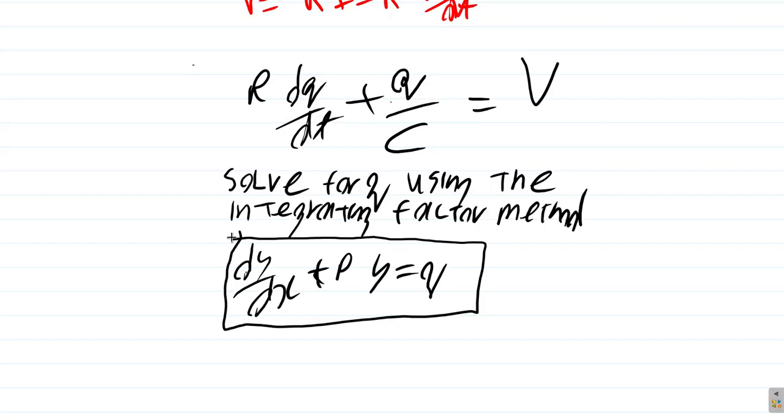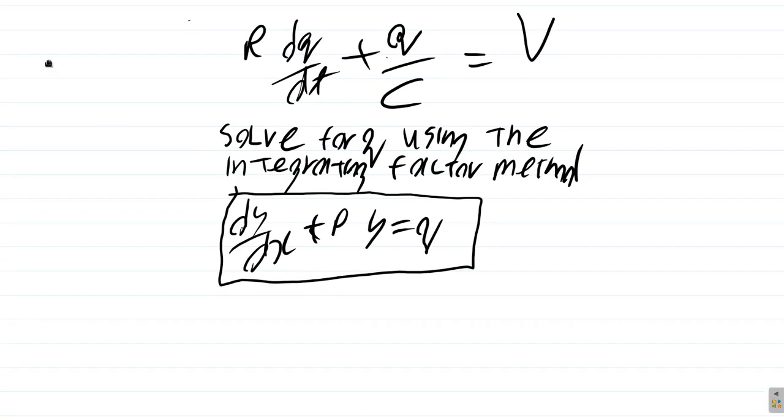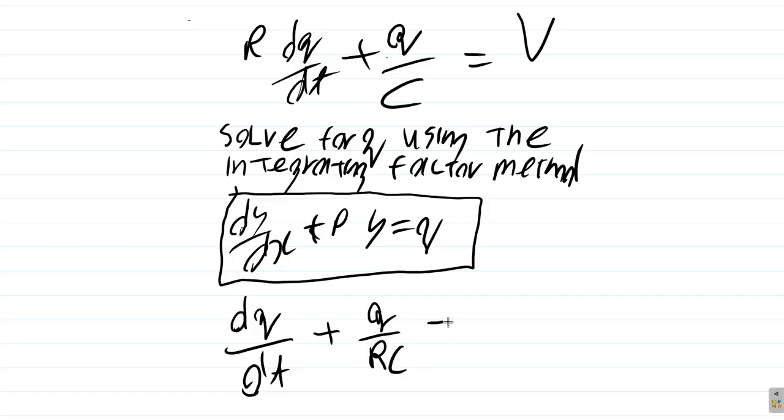Here we divide by R. So dq by dt plus q over rc is equal to v over r.